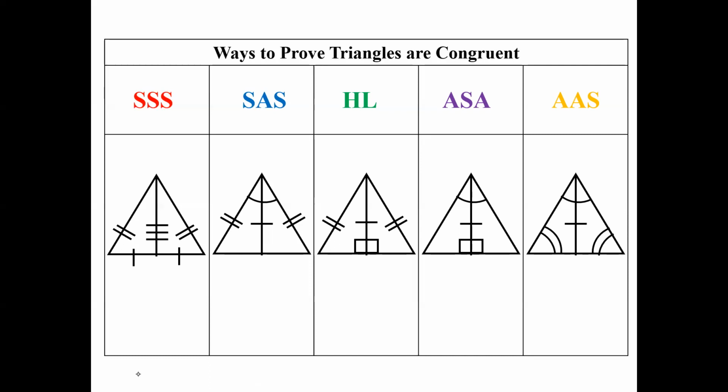Y'all remember, there are only 5 ways that we can prove triangles congruent. If it's not one of these 5 ways, then that just means those 2 triangles are not congruent, okay?